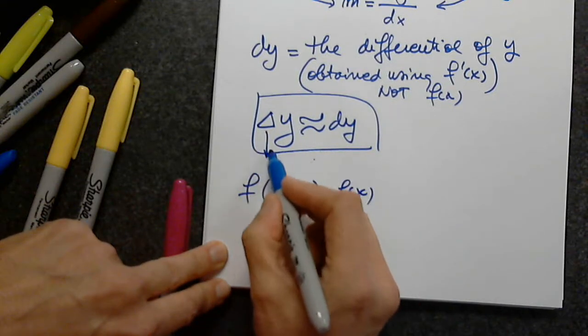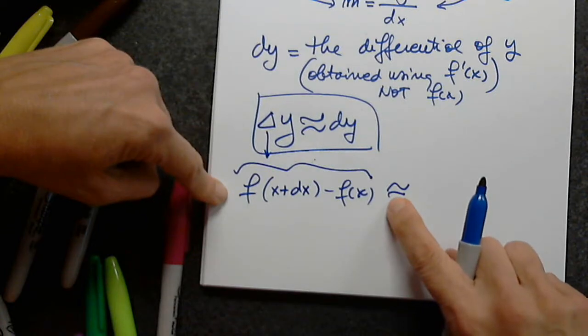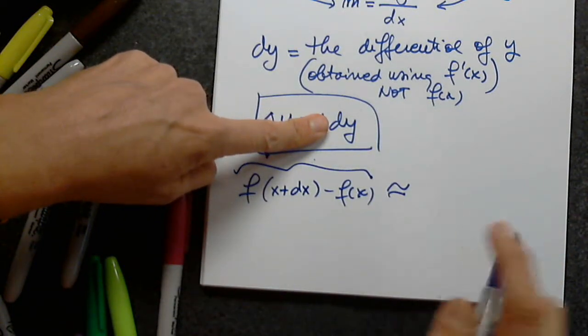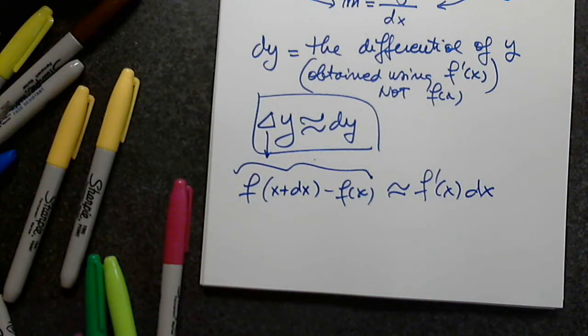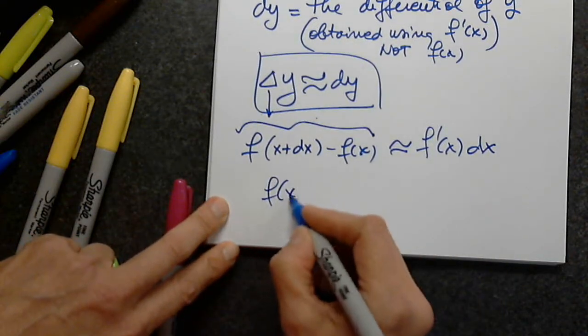This is the left-hand side. Now the right-hand side. What is the right-hand side, please? f prime of x dx. Good. The only thing I need to do is move f of x to the other side.